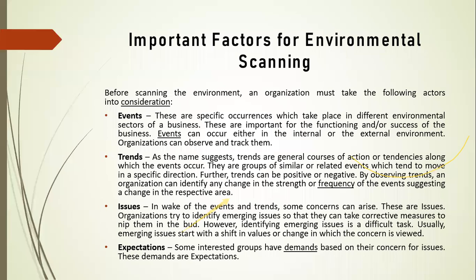By observing trends, an organization can identify any change in the strength or frequency of the event, suggesting a change in the respective area. What we mean by trends is that certain events occur at regular intervals, or occur again and again. Such a thing is called a trend.